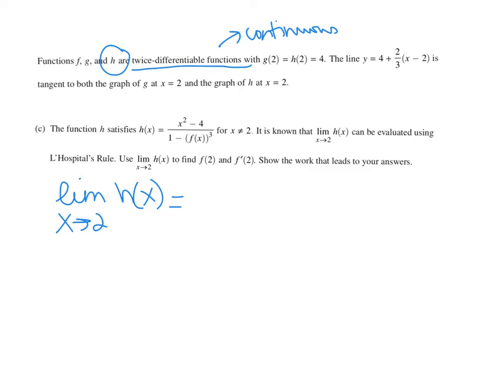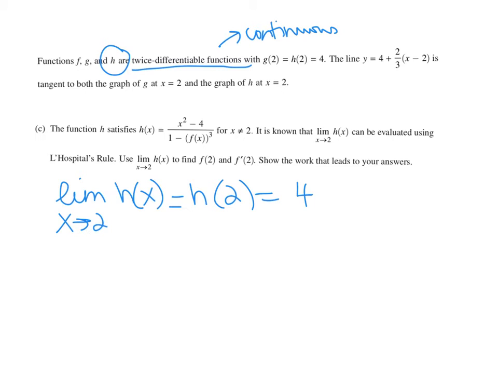And based on the definition of continuity, the limit at that point is going to be equal to h of 2. So the limit as x approaches 2 of h of x is equal to h of 2, which we know is 4. That's the first thing to notice.